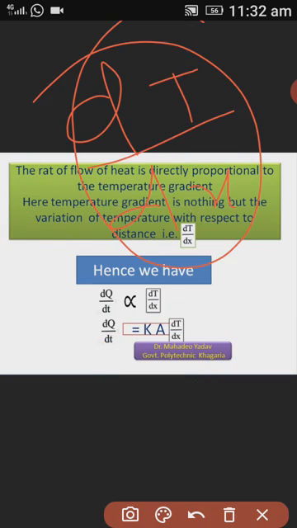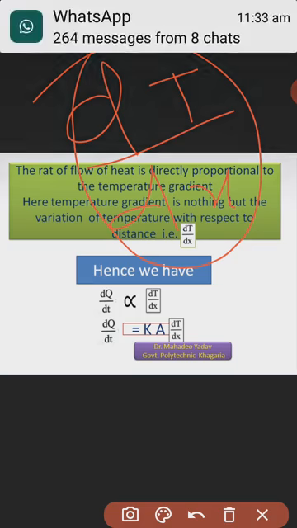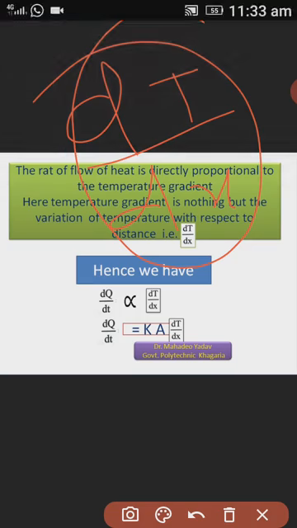When we heat an end of a rod, the heat is transmitted from this end to the other end. In this way, at different places the temperature is different, at places x1, x2, x3 and so on.